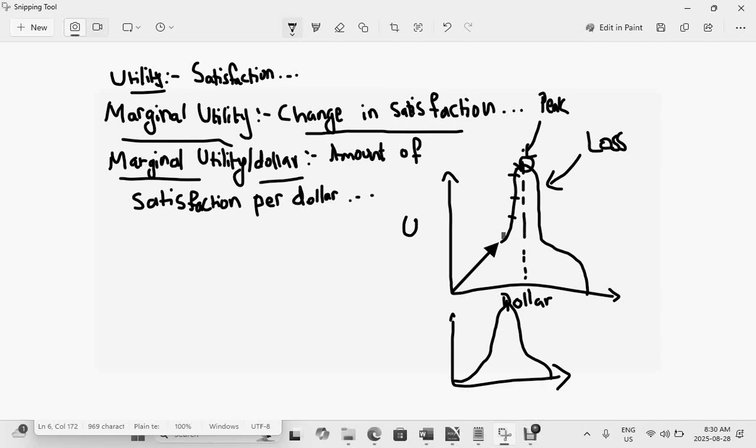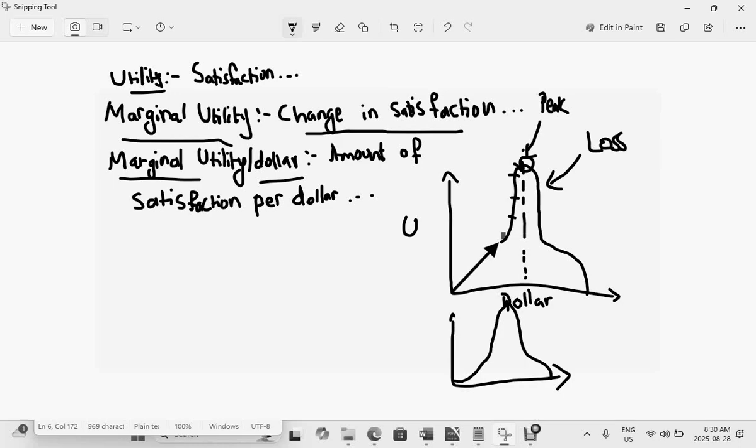All right, and we know that this satisfaction keeps going down as it reaches its peak. And once it reaches its peak, the satisfaction is possibly negative, because there's a downward slope here. So the marginal utility per dollar could be negative because of a downward slope.